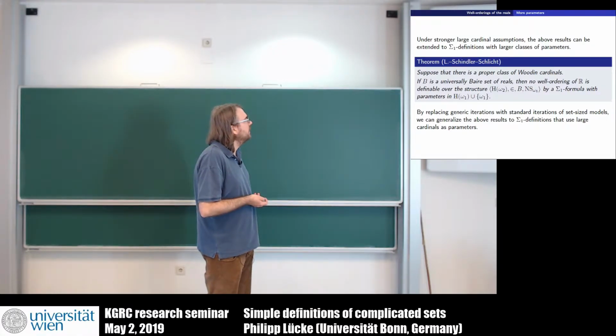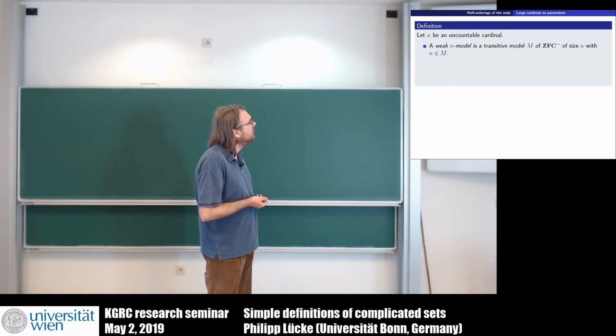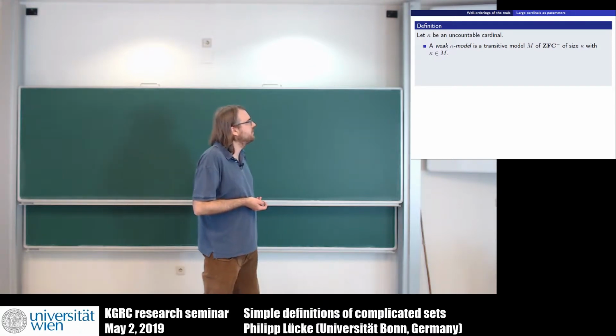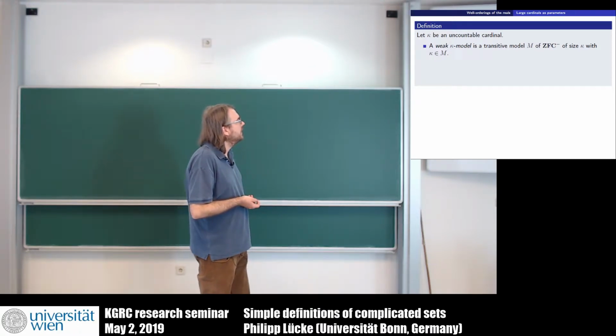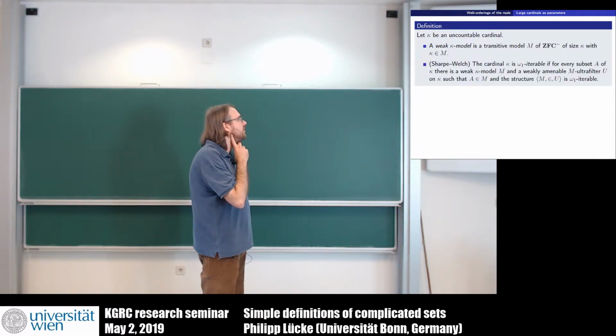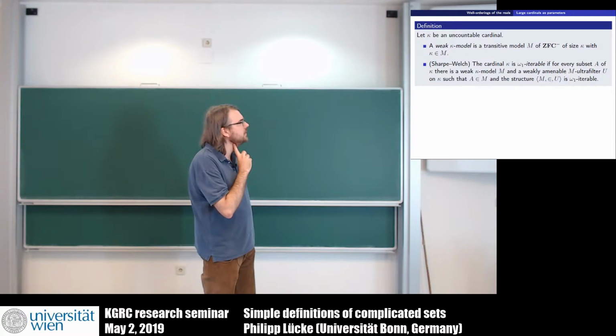And for this we need the following notion. First of all, I want to say what a weak kappa model is. It's just a transitive model of ZFC minus of size kappa that contains kappa. And then Philip Welch and I think his name is Ian Sharpe, they defined the notion of omega-1 iterable cardinals.